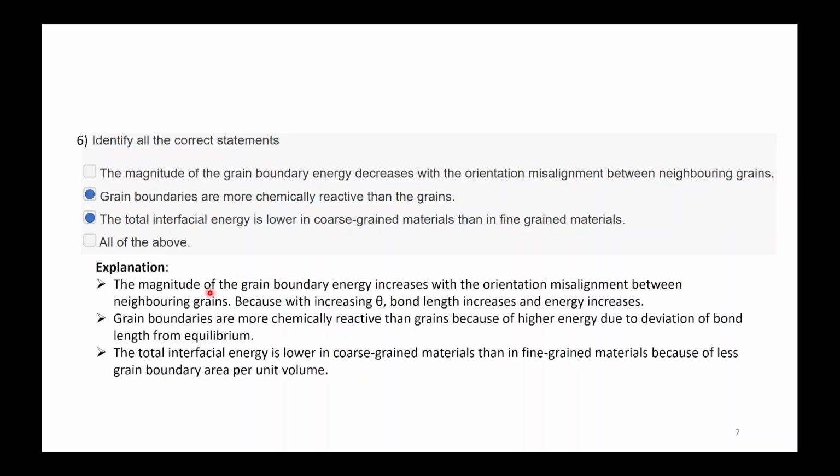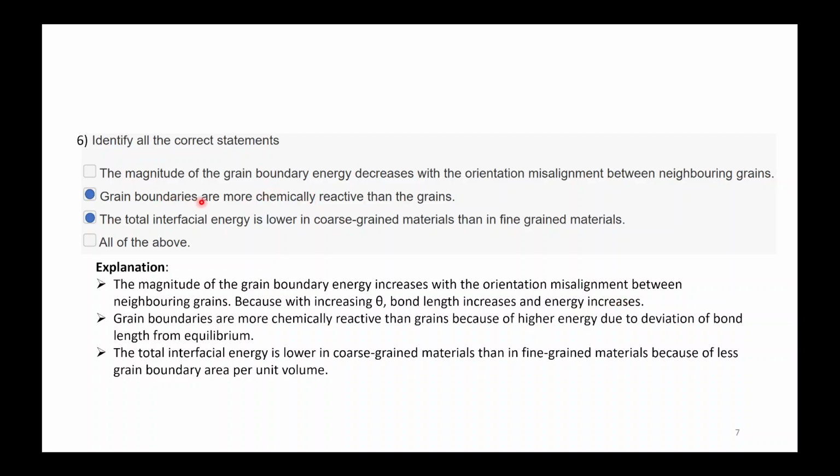First statement is incorrect because the magnitude of grain boundary energy increases with orientation misalignment between neighboring grains, because with increasing theta your bond length will increase, which will lead to increase in energy.